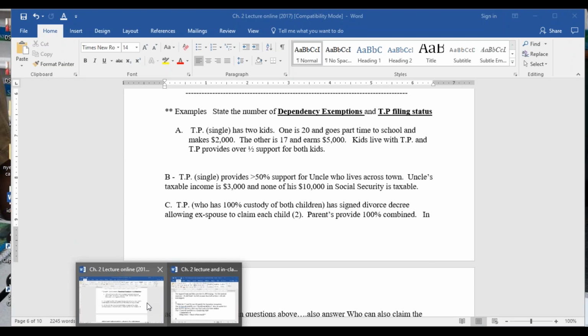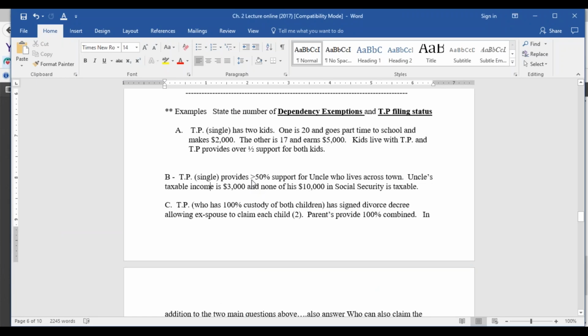All right, the key things with this part B is, yes, they can claim the uncle as a qualifying relative. Remember, to be a qualifying relative, as long as you're a relative, you do not have to live with the taxpayer. And as long as the taxpayer did provide over half the support and the relative didn't have taxable income of over $4,050, they met the guidelines there.